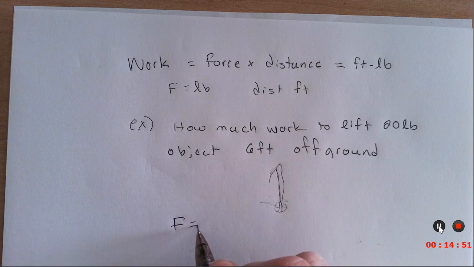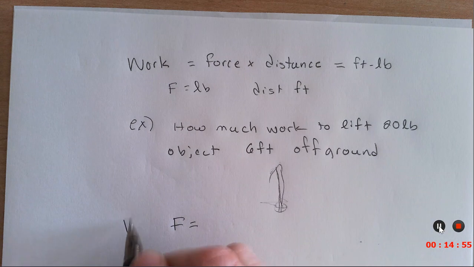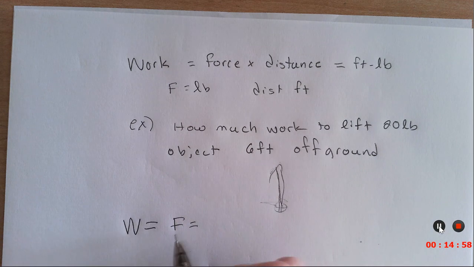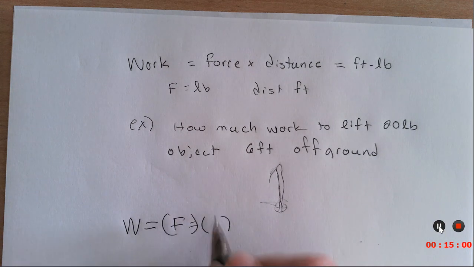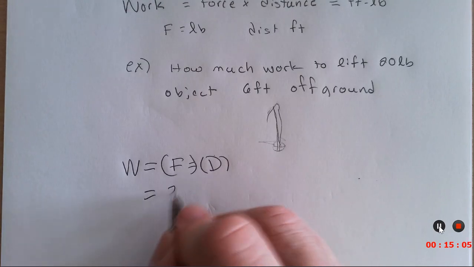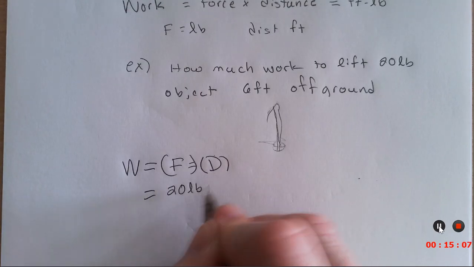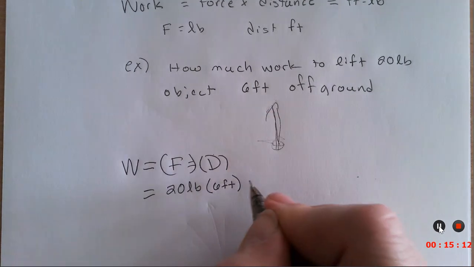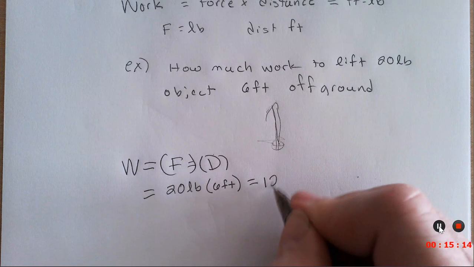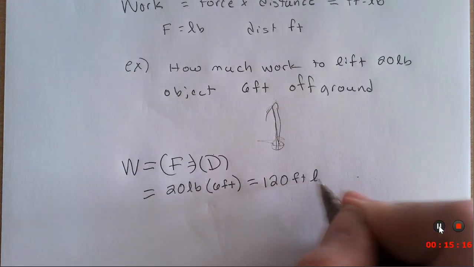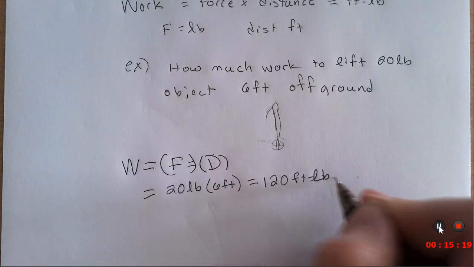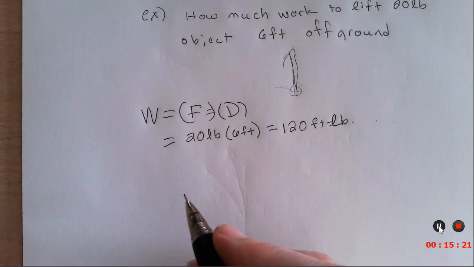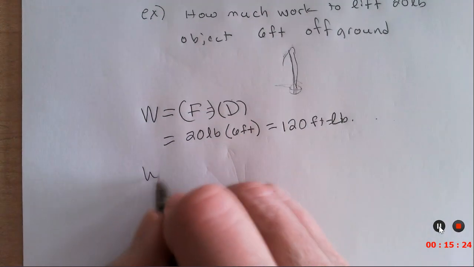So I literally am going to find the work by taking the force and multiplying it by the distance that it traveled. So the force is the pounds, so that's the 20-pound object, and the distance it traveled was 6 feet. So that's 120 foot-pounds.